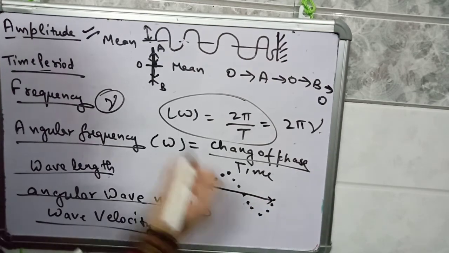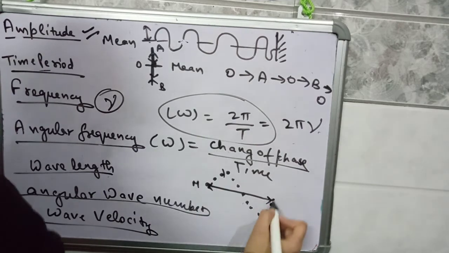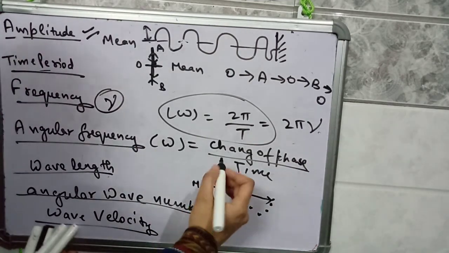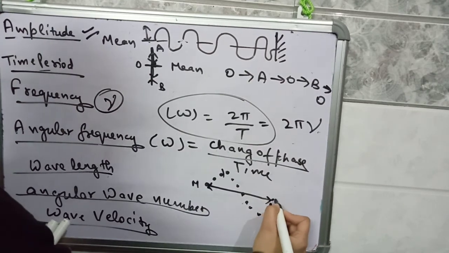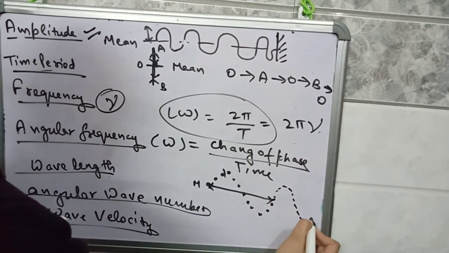So the motion of a single particle is like this. Now again the particle will have oscillatory motion like this.